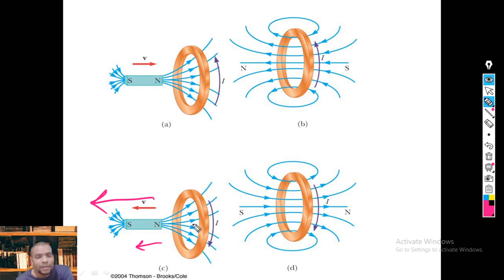Now north is moving away, so it should develop a south pole so that it can oppose. So this is S, we can write like that. So it means the current in the loop is now flowing in the clockwise direction.